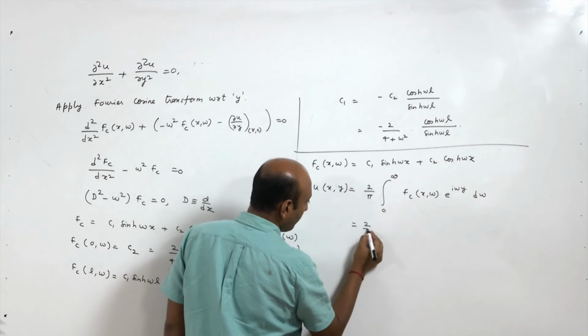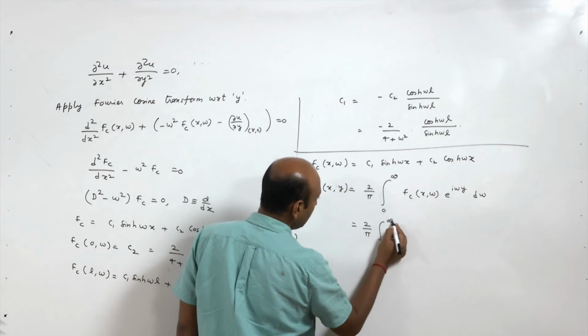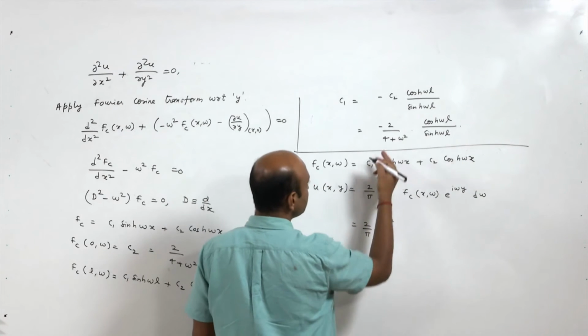So, that will be 2 upon pi integral 0 to infinity, and F_c is nothing but C1 times, C1 is this term.